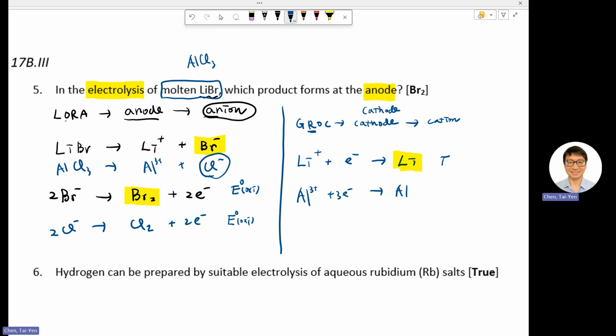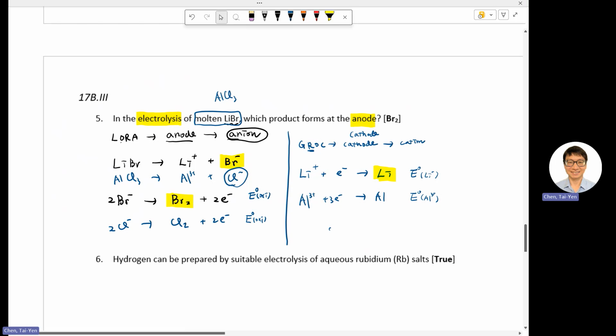Here you want to consider the reduction potential of your Li+ and the reduction potential of your Al3+. You are looking for the one that is less negative, and that species will be the product that forms at the cathode first. So this is a simple example of how to predict which species forms at the anode or the cathode.